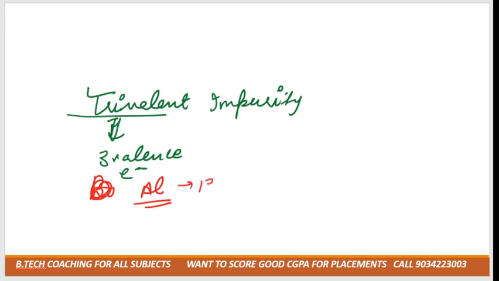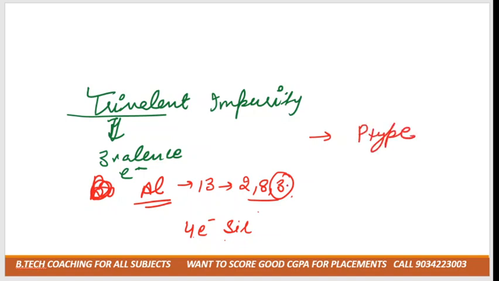Aluminium's atomic number is 13, so the configuration would be 2, 8, 3. So in this case what will happen? There are 4 electrons of silicon, so 3 electrons will combine with that, and one hole will remain extra. That will result in what? A p-type impurity. Correct?